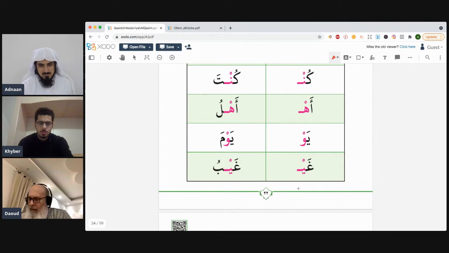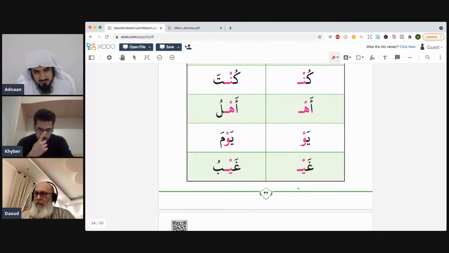Ghai. Ghafay. Ghai, and then let's go to the last letter. Alone, what is it? One dot. The last letter is with two dots at the bottom.